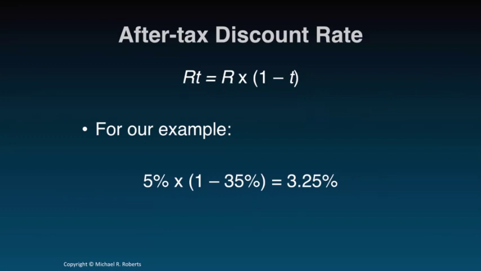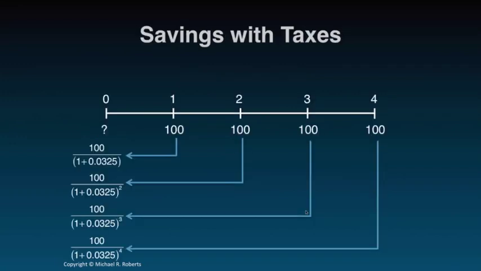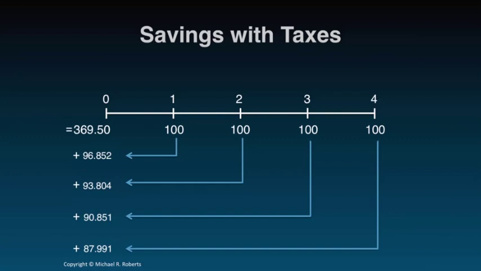Now let's revisit the problem using this after-tax discount rate. So now when I discount all of these cash flows back to today, I'm going to use RT, which equals 3.25%, instead of the R, which equals 5%. When we do the arithmetic and add all these numbers up, we get 369.50, a number that's bigger than the 354.60 we originally found with the 5% discount rate.